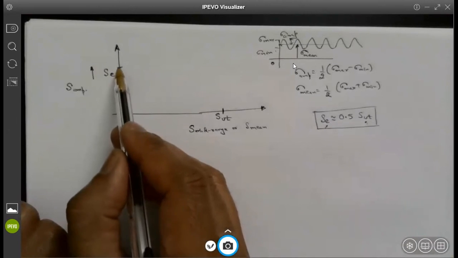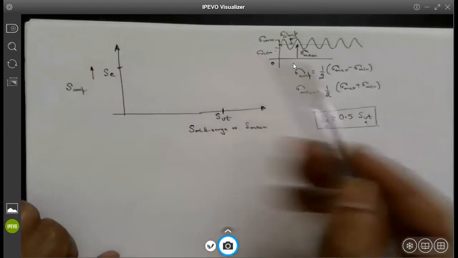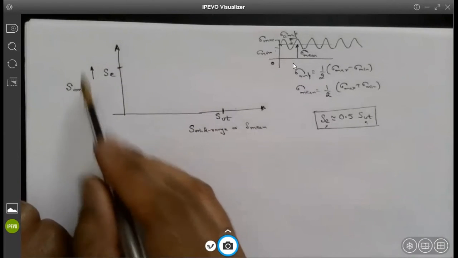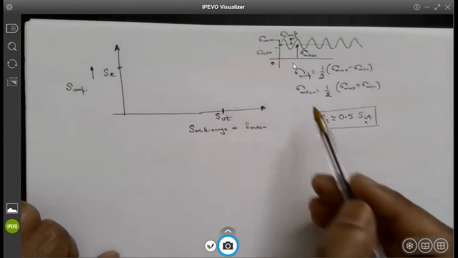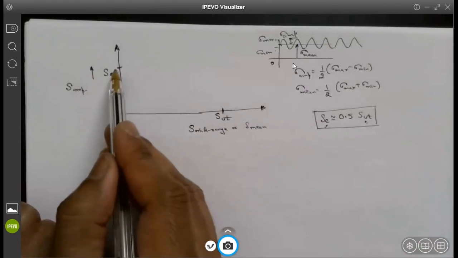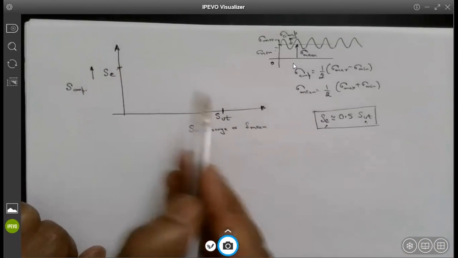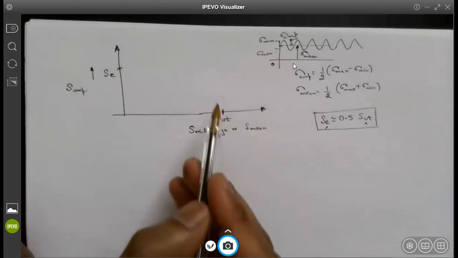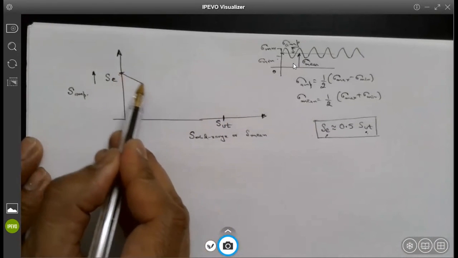So on the y-axis, you are plotting the amplitude of the stresses, sigma amp. On the x-axis, you are plotting the mean stresses. Marking these values, endurance strength on the y-axis and ultimate tensile strength on the x-axis, you join them using a straight line.